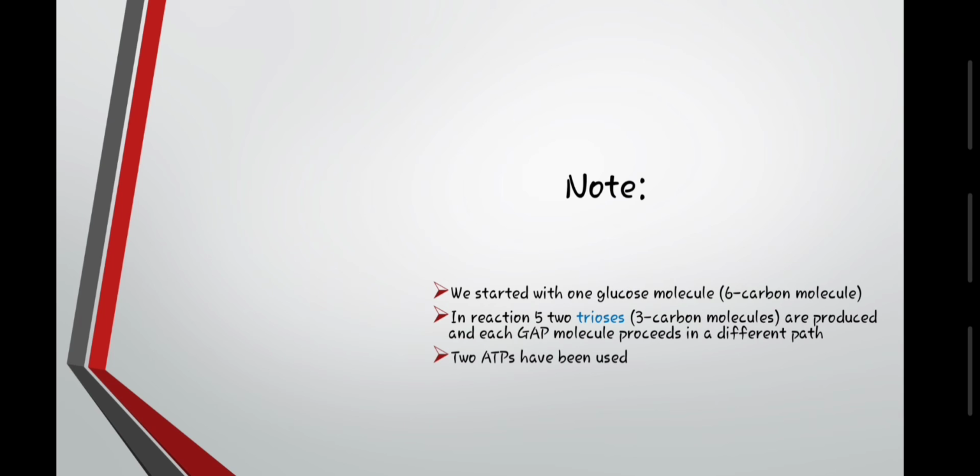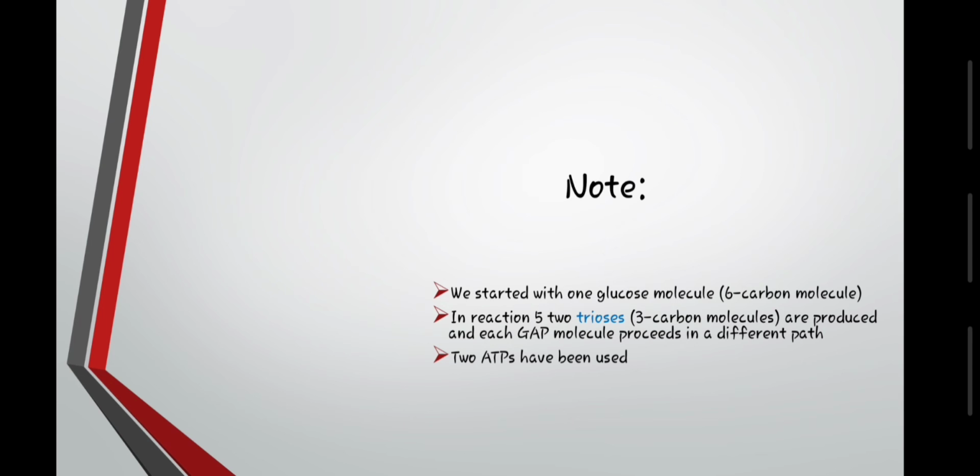Points to acquire before proceeding. We started with 1 glucose molecule, which is a 6-carbon molecule, and in reaction 5, 2 trioses are produced, and each GAP molecule produced in step number 5 proceeds in a different path.